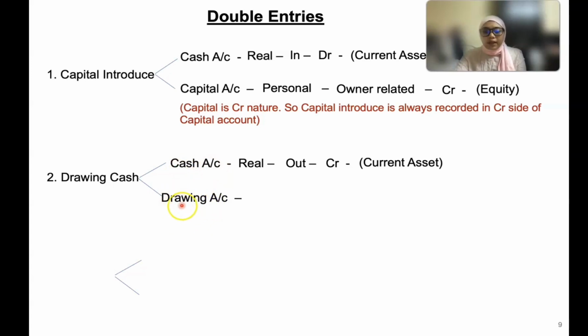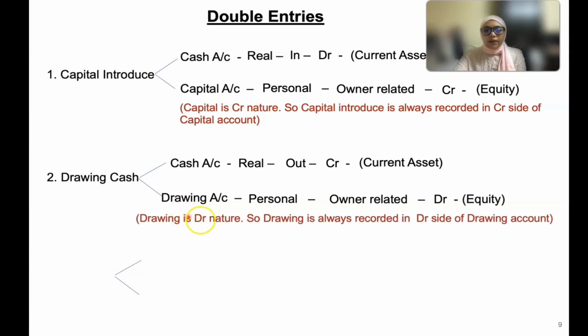Drawing account is what type of account? Personal. Owner related or not owner related? Drawing is owner related, so we will record in the debit side. Drawing is always debit. Drawing is debit nature, so drawing is always recorded in the debit side of the drawing account.